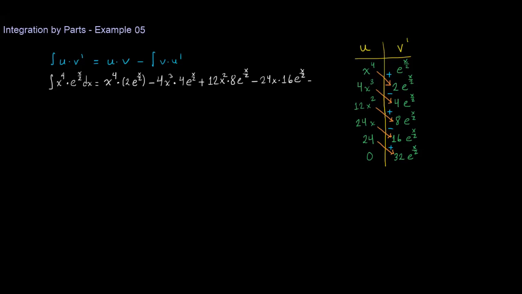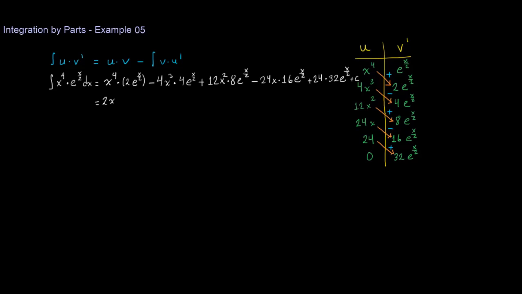And then plus, we're running out of space here, 24 times 32 times e to the x over 2. Now here we'll have to add a plus c. I'm going to write it super small. After this we just have to simplify, because we are actually done with this problem.